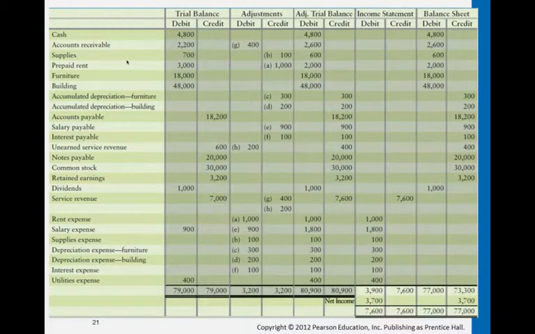Okay, if we look at it all together, all 5 columns, it looks like this. Trial balance, adjustments, adjusted trial balance, and in the income statement column you see net income listed here. If net income is listed here, it will also be listed under the credit side of the balance sheet because it brings up the retained earnings balance. This part here doesn't involve any debit credit rule. This does. Net income brings up retained earnings, so it's under the credit side.